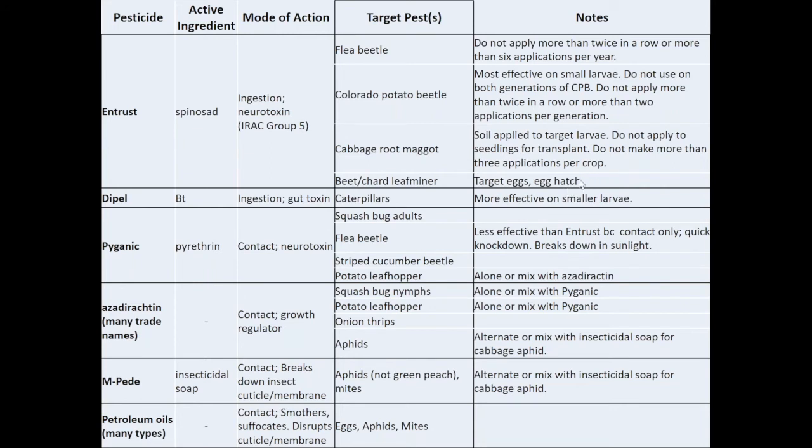That's about shelf life. How long these products are good for, not in the field, but in storage, particularly Entrust and Pyganic. Yeah, that's a good question. The rule of thumb is 2 years, and that should be good for Entrust and Pyganic, and the oils and soaps and the Azadirachtin.